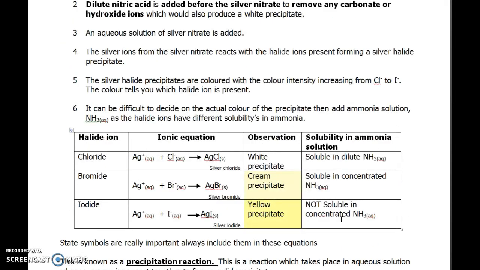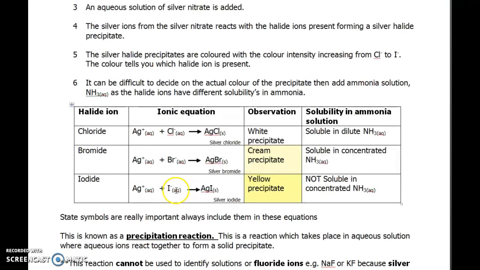Okay, so here's our little results table. This results table tells us which of the halides we've got, the ionic equations for the chemistry that's going on, the observation you would make upon the addition of the silver nitrate, and then what you would observe upon the addition of ammonia.